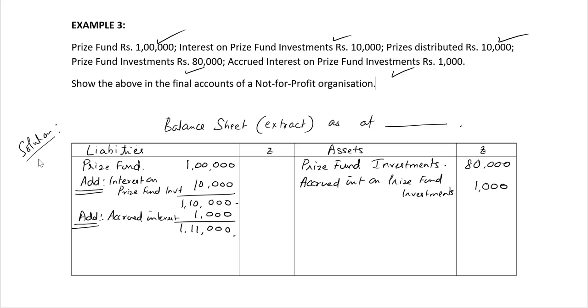The prize distributed is given as 10,000 rupees. So we will deduct: less prizes distributed, ₹10,000. The amount for the price fund in the outer column is 1,01,000 rupees. So this is the way we need to do the balance sheet when there is a fund investment along with the fund.